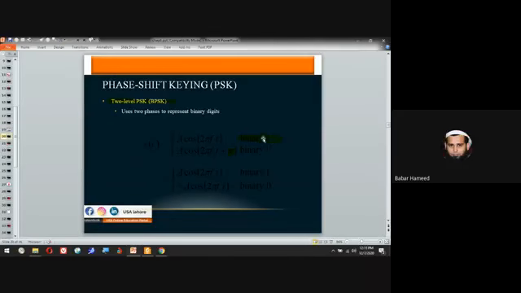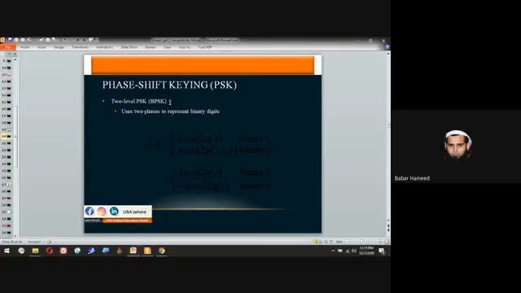Now it's time to discuss PSK, that is basically phase shift keying. What happens in PSK? The phase of the carrier signal is shifted to represent data. Repeat, the phase of carrier signal is shifted to represent data.